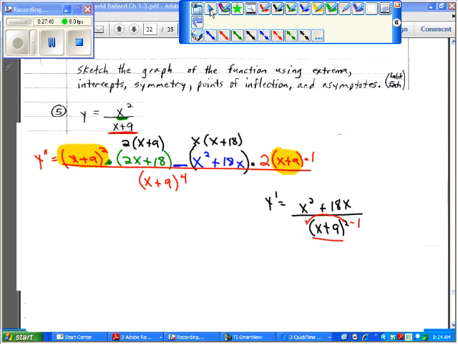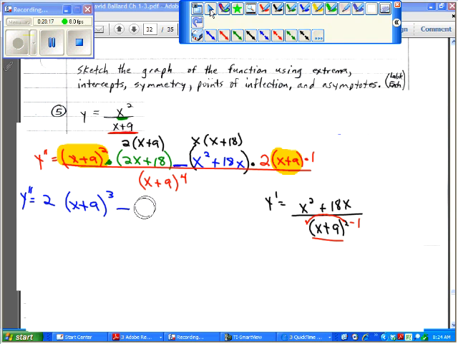So let's rewrite that as y double prime is x plus 9 raised to the 3rd. I'm just going to put the 2 out here. So y double prime is 2 times x plus 9 to the 3rd minus, and let's just leave it like this, minus x squared plus 18x.